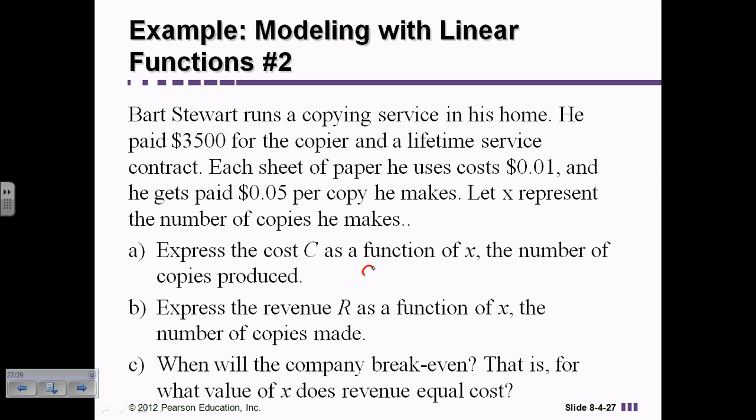So the cost is going to be 1 cent per copy plus that $3,500 copier fee. The revenue is going to be 5 cents per copy, and the break even is when those two numbers are equal to each other.